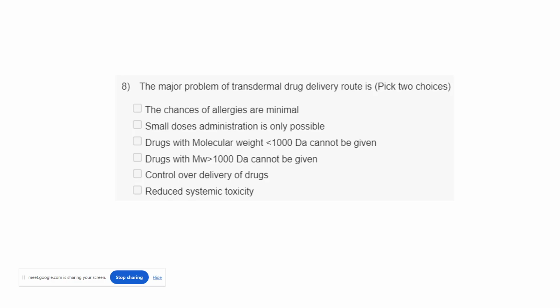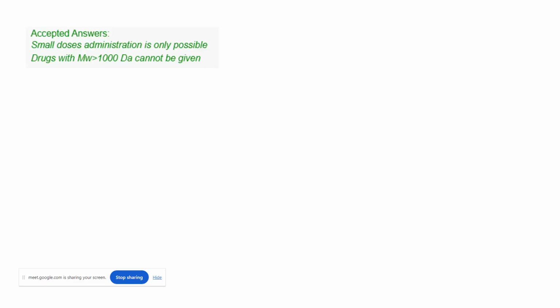Anyone else? Yes, option 2 and option 4 are correct.